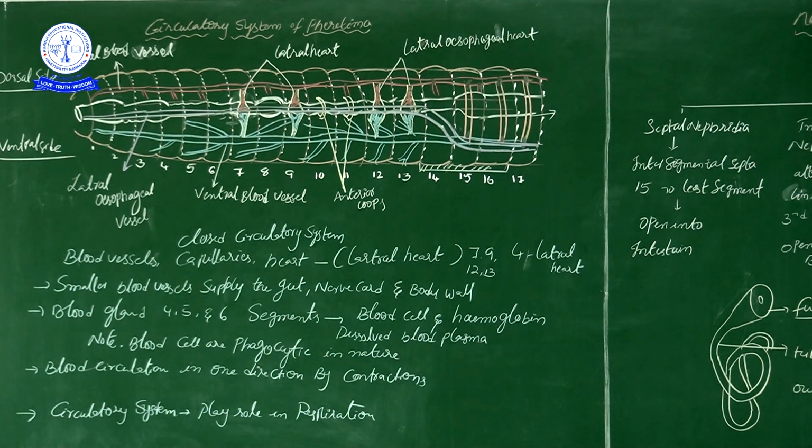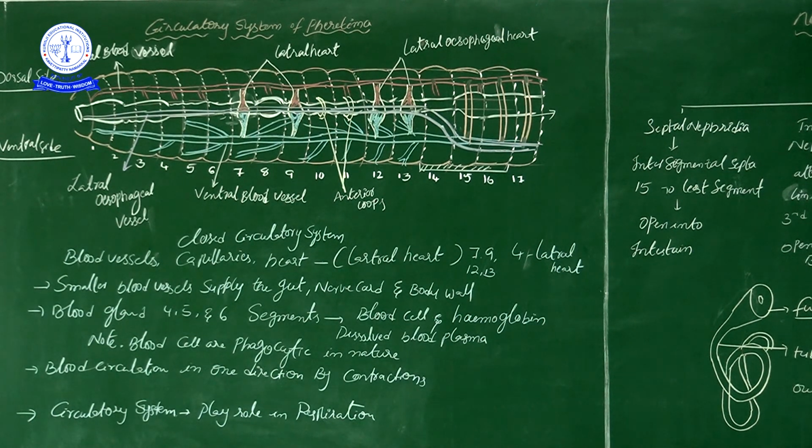And a very important thing: these dorsal and ventral blood vessels are connected with the help of lateral hearts and some special tubes, the commissural vessels. The commissural vessels are present in the clitellum region, in the 15th, 16th, and 17th segments.